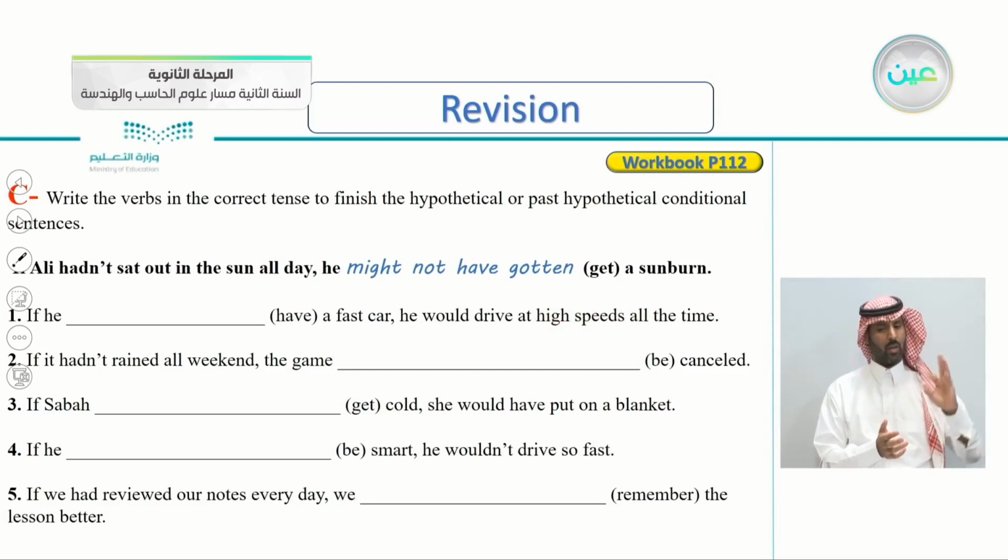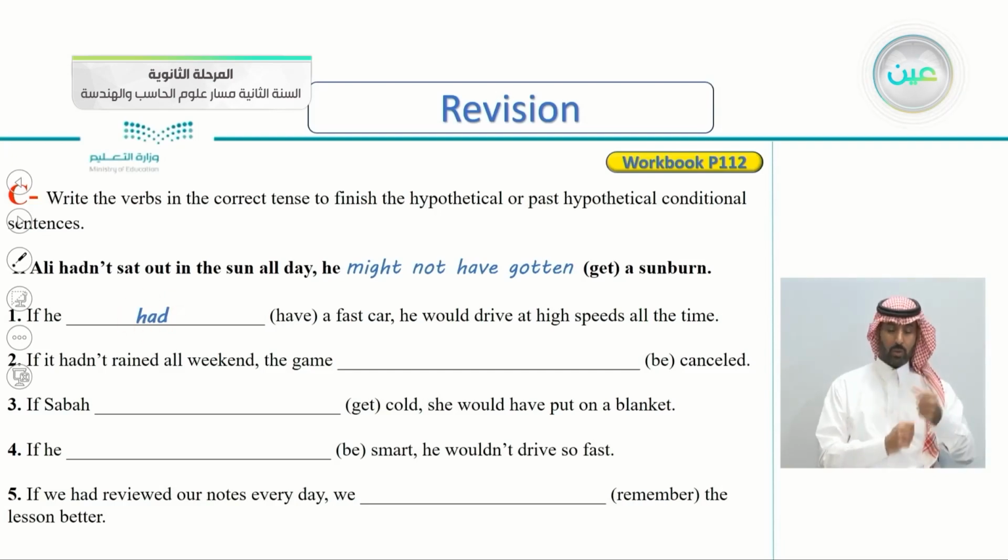So how do we answer this one here? Let's check the correct answer here. If he had a fast car. So we just take the past tense of the verb here. If he had a fast car, he would drive at high speeds all the time.